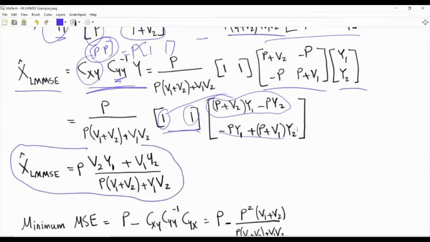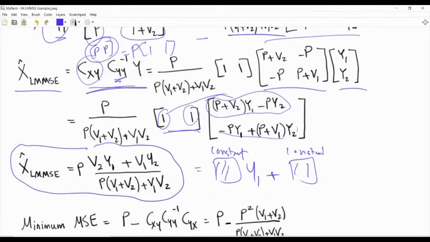It's a linear function. As you can see, we have a constant multiplied by y1 plus another constant multiplied by y2, and those constants involve what we know about those random variables.